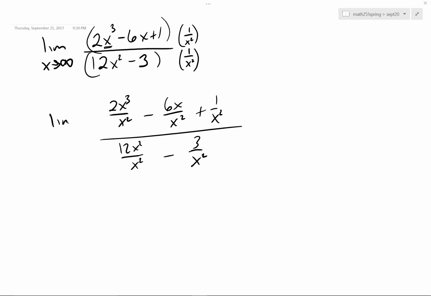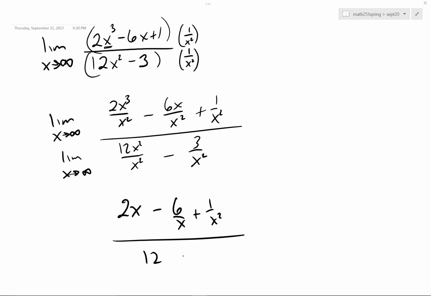And we're going to take the limit of each one of those individually. Now, before I get carried away, of course that's 2x minus 6 over x. Oops, 6 over x, I said. Plus 1 over x squared. That's 12 minus 3 over x squared.